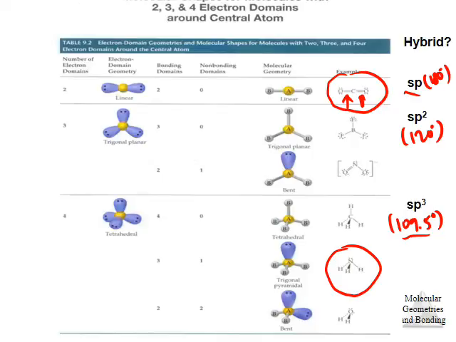You see an even greater effect in H2O, having two pairs of non-bonding electrons on oxygen, and that's going to squeeze the two OH bonds to even smaller angles. So in the case of water, the HOH angle is around 104 degrees, decreased by about 5 degrees from the tetrahedral 109.5 degrees.